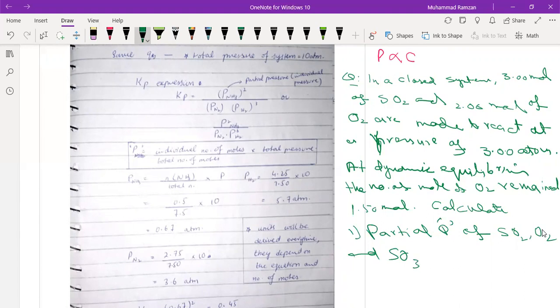Number two, calculate Kp and derive its unit.